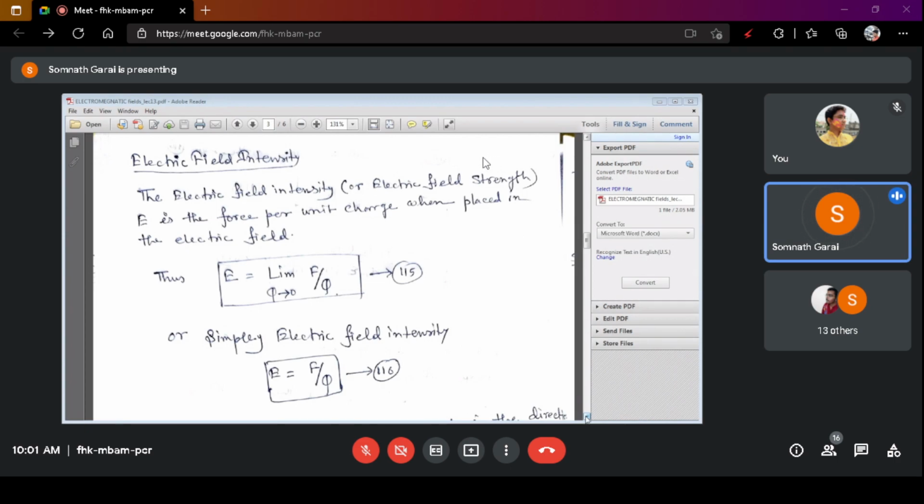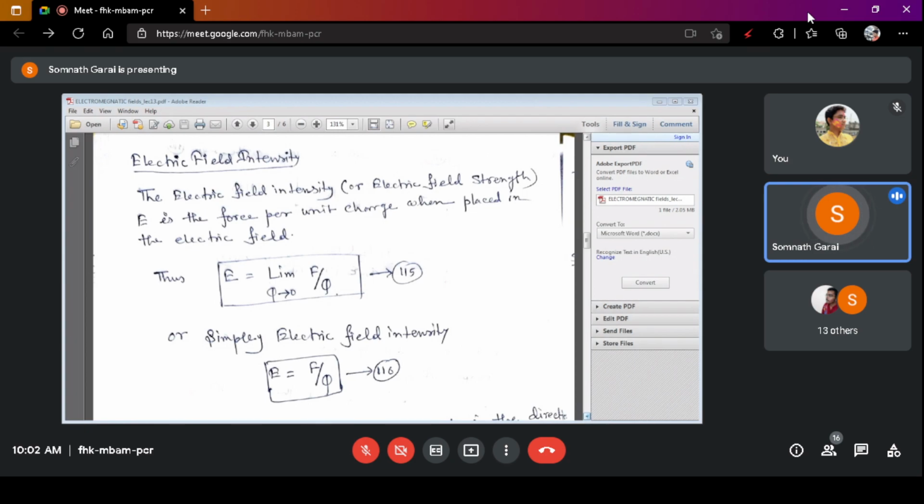The electric field intensity is given by the force per unit charge. Force per unit charge is defined as electric field intensity when it is placed in an electrostatic field.